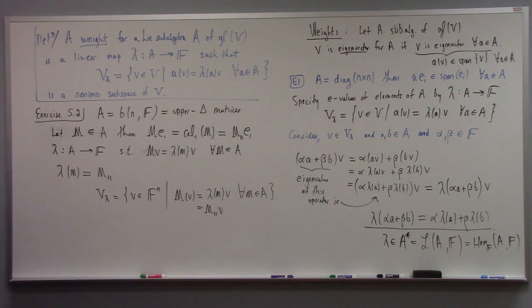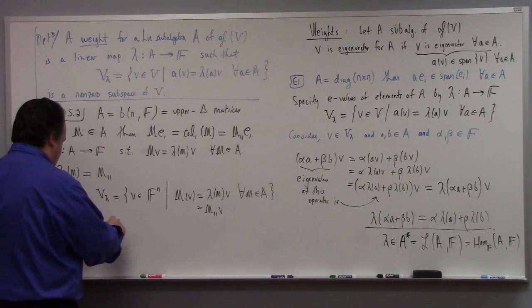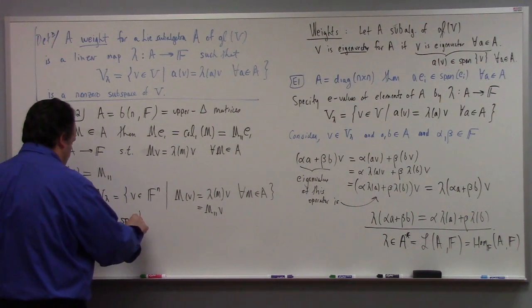So I haven't quite proved it, but I'm relatively sure that v lambda is going to be the span of E1.